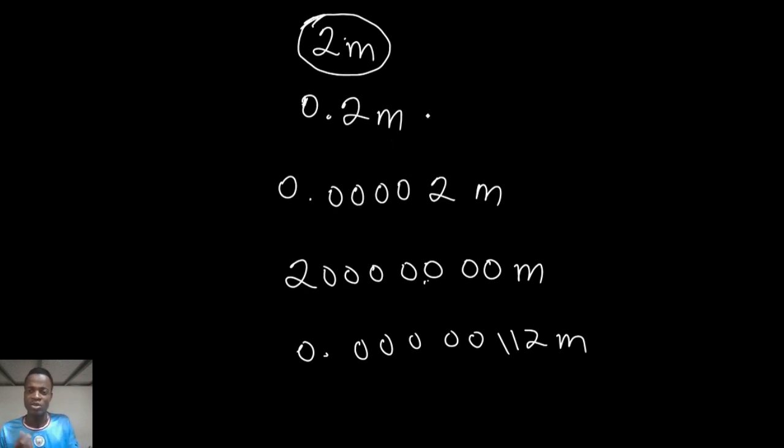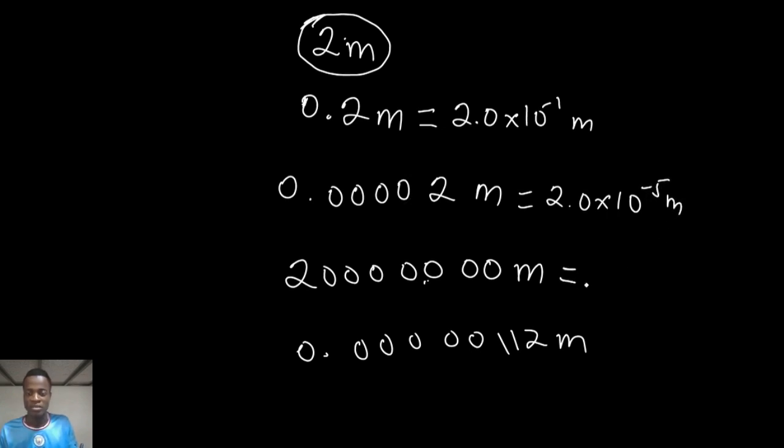If you want to write this in scientific notation, we'll say 2.0 times 10 to the power negative 1 meters. This is the same as this. Then this one will be 2.0 times 10 to the power, how many zeros, 1 2 3 4 5, so negative 5 meters.